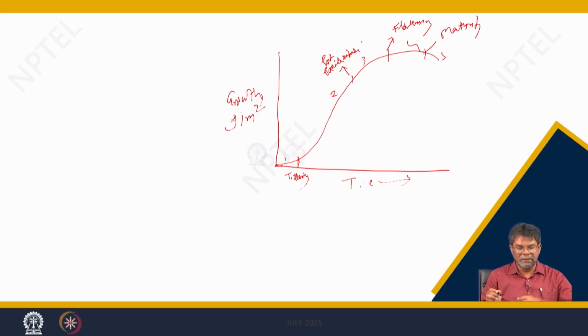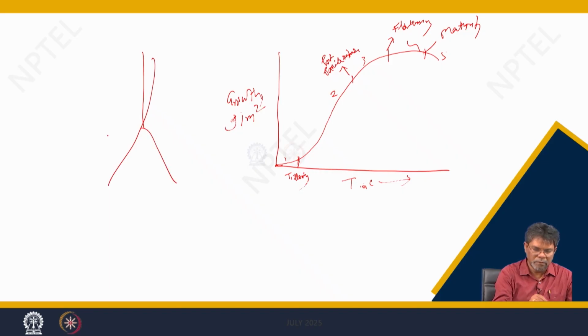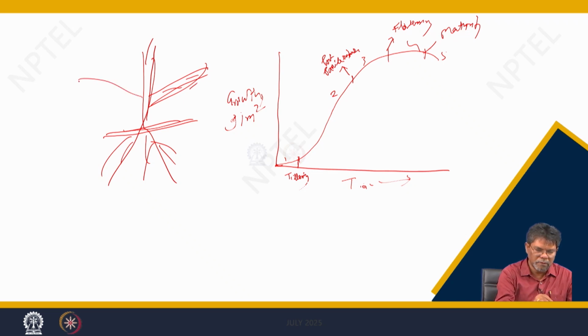What is a panicle? If you are from an agricultural background, you know what a panicle is for the crop. In the rice crop, this is the root portion, this is the stem, and you have the leaves. When there is emergence of the panicle, at the top portion, initiation starts here, it grows along with the crop, and then panicle emergence takes place.